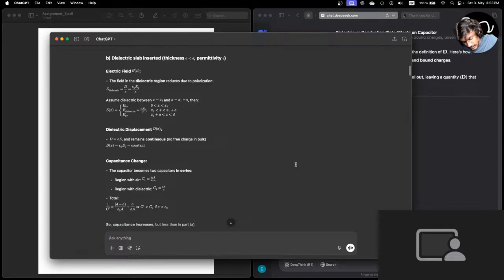If it's between the conductor, it's going to be epsilon 0 E 0, if it's between x1 and x1 plus a. And it's going to be the same for outside, because x1 plus a is greater than x.